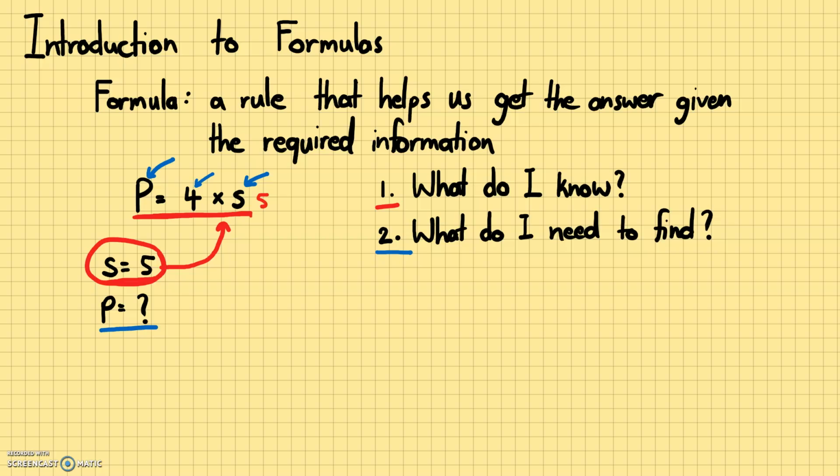I'm just putting in 5 where S is. So then this formula becomes P equals 4 times 5 instead of S. I've put 5 here instead of S because 5 and S are the same thing here. So then P is going to equal 4 times 5, which is 20.